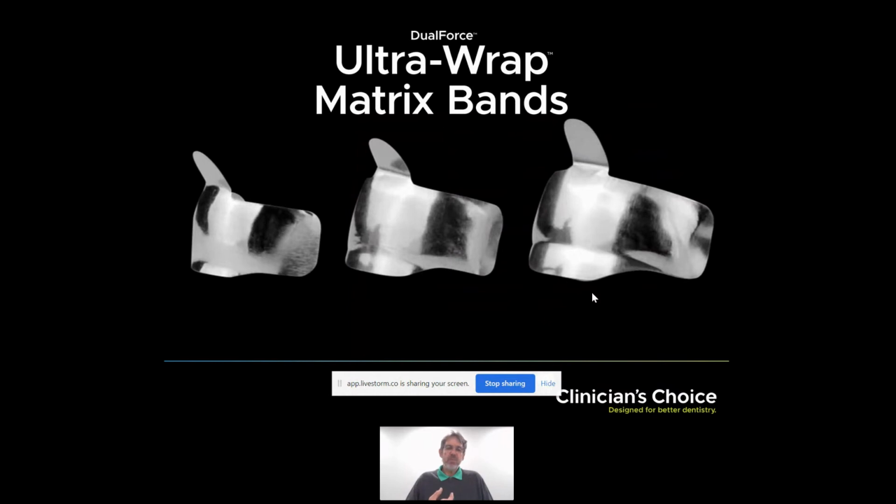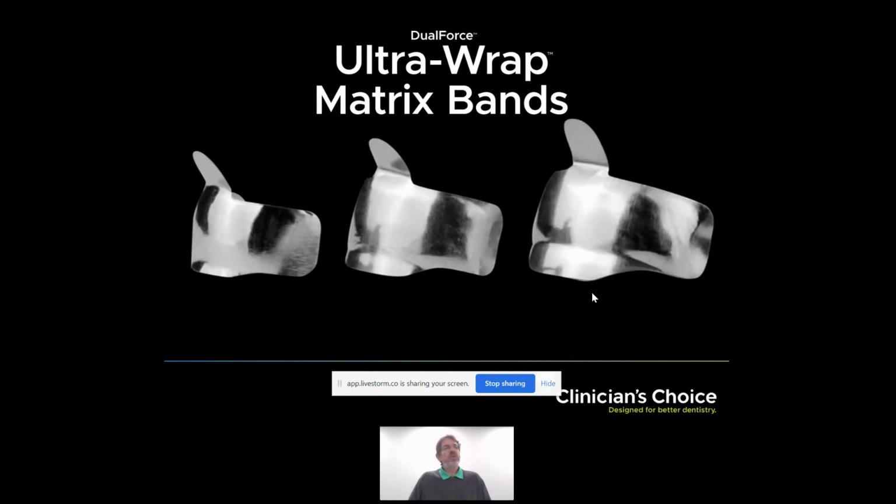So these bands actually are stiffer, but they are the same thickness. Also, we made them with what we refer to as an ultra wrap feature. So these bands tend to hug the anatomy better, which means that you have less frustration when trying to seat your ring. You don't necessarily always have to have your fingers there to hold the band against the tooth so that you can seat the ring, if you will.